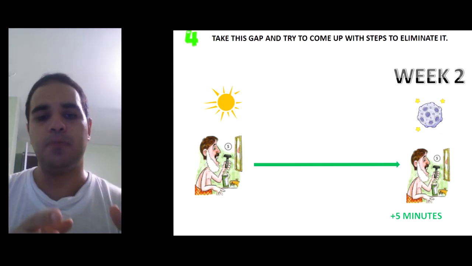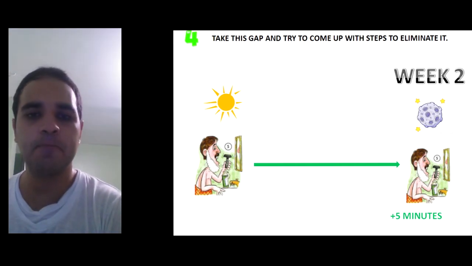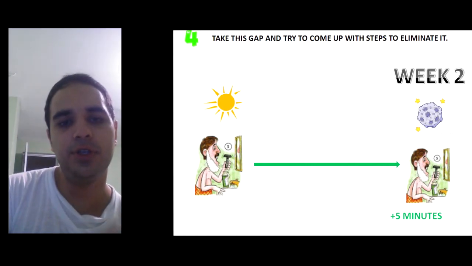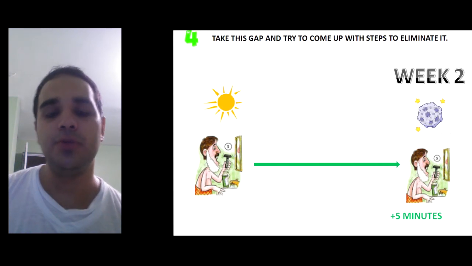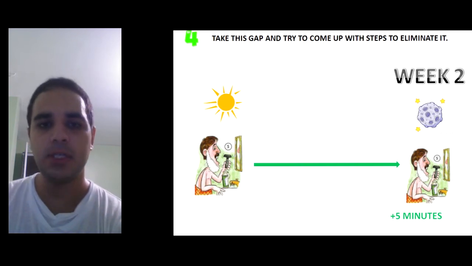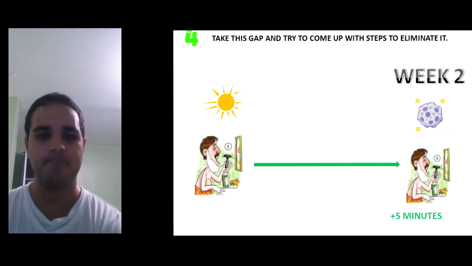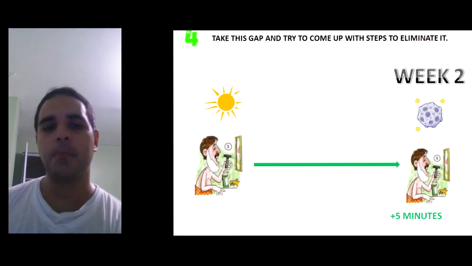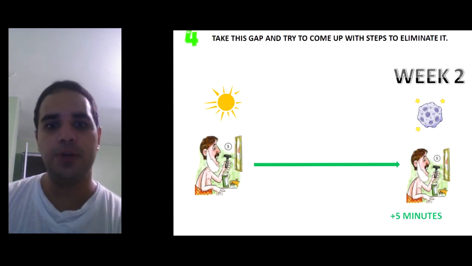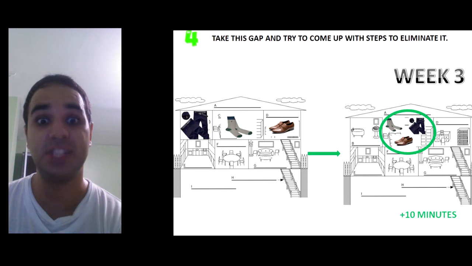So you are still waking up 10 minutes earlier in the second week, and together with that activity you remove the shaving process from the morning. This is the second step that you implement, the second strategy that you implement in the second week. So little by little you implement the changes until you achieve the result you want, until you achieve your goal, the target you want.